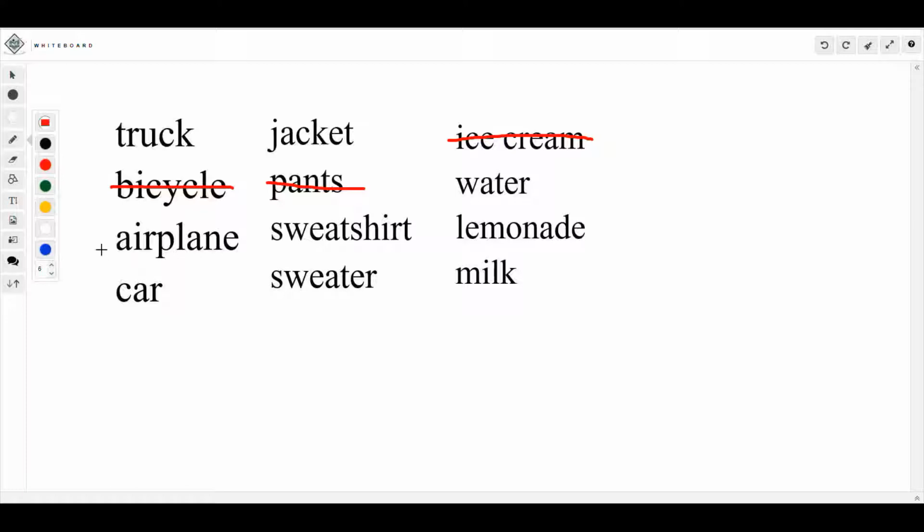Okay, so I'm going to put a word right, let's see. I'm going to put this word right here. Are you ready? Let's see if I can get this word.